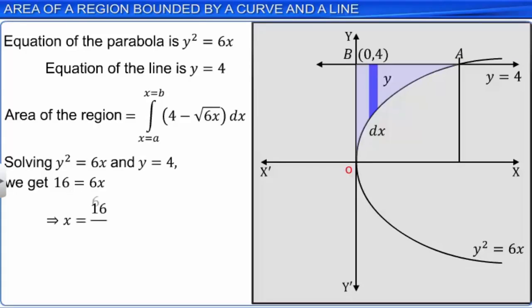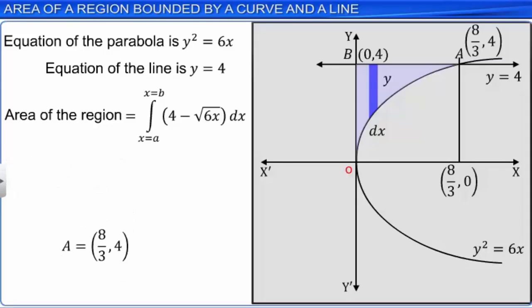Thus the area of the shaded region is given by the integral of (4 − √(6x)) dx from 0 to 8/3. The integration is performed as shown.